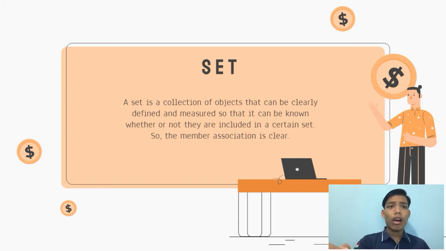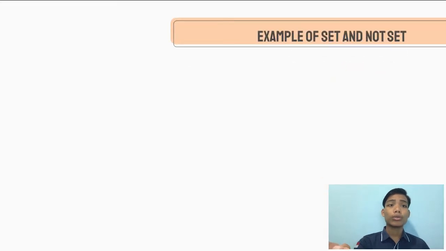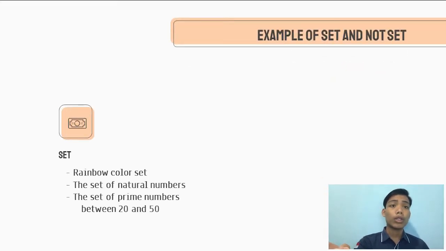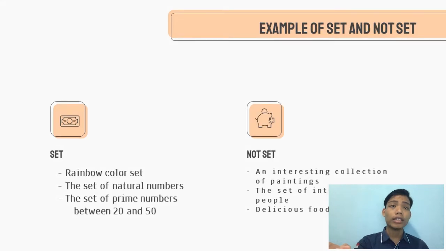So, for example, I want to tell you about examples of sets and not sets. Examples of sets: the first one is the rainbow color set, the set of natural numbers, and the set of prime numbers between 20 and 50.